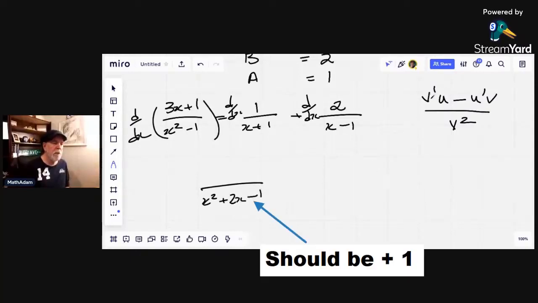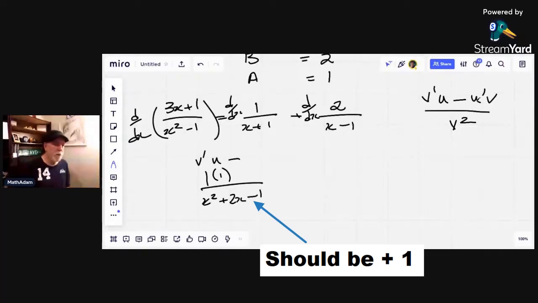Okay, and then now I need v times u. Well, what's u? Well, u is just 1. Sorry, v prime times u. So what's v prime? Well, that's the derivative of x plus 1, which is just 1. Okay, and then that's going to be times u, which is, I'll put the 1 here. So we got v prime times u minus u prime times v.